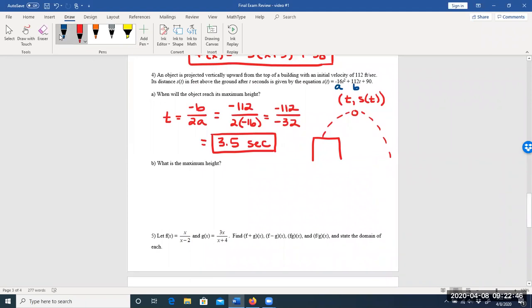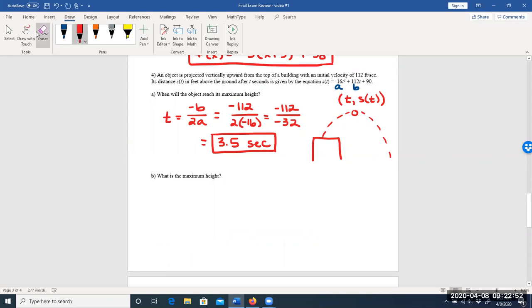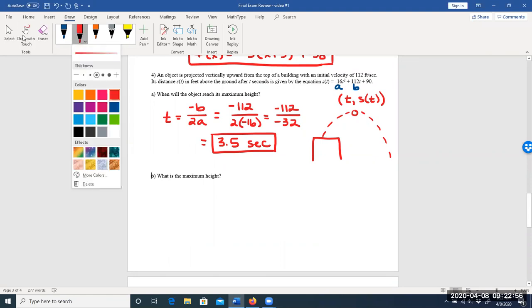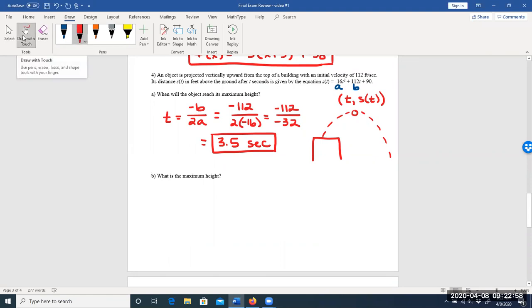What is the maximum height? So all we have to do for this is just plug 3.5 into the equation for t. So we just have to find s of 3.5, and this will give us our maximum height in feet.